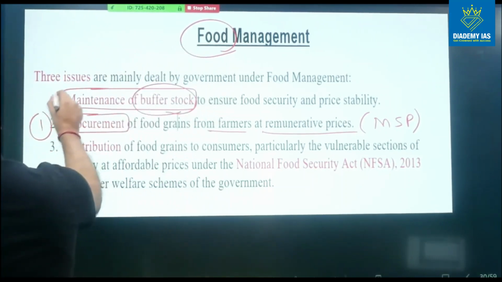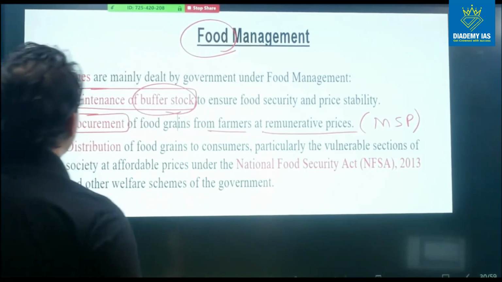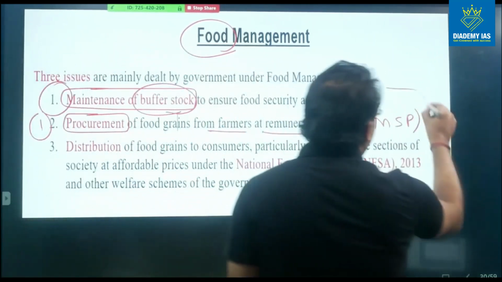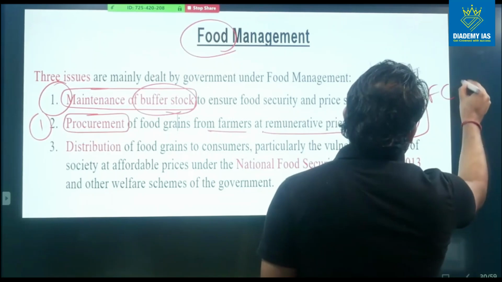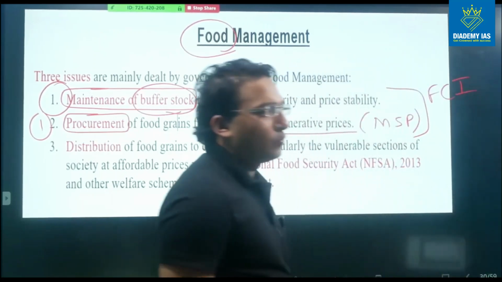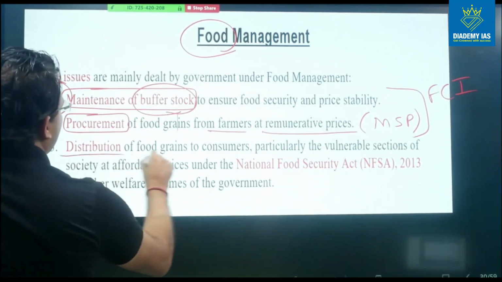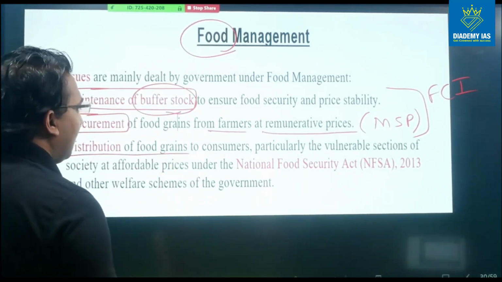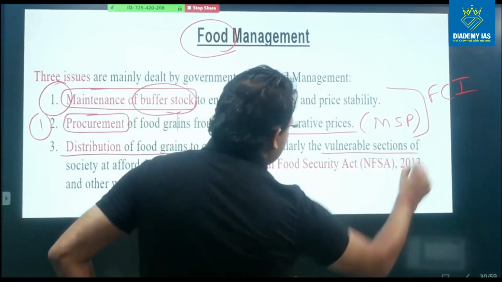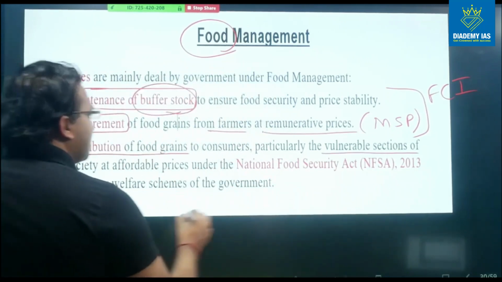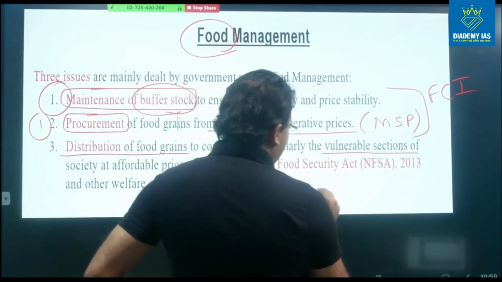Both of these works, the maintenance of the buffer stock and procurement, are done by the FCI, Food Corporation of India. And the third one is the distribution of food grains to the consumers and especially the vulnerable sections, and this is done by the respective state governments.